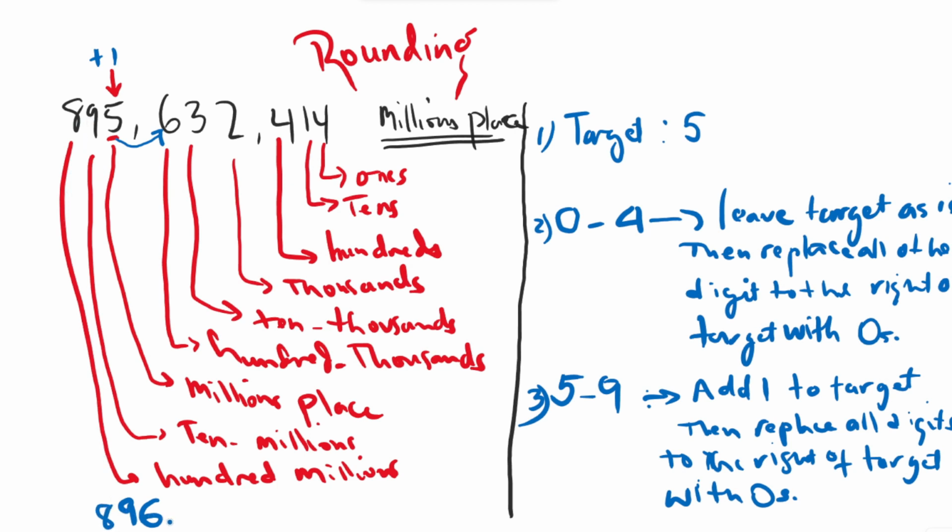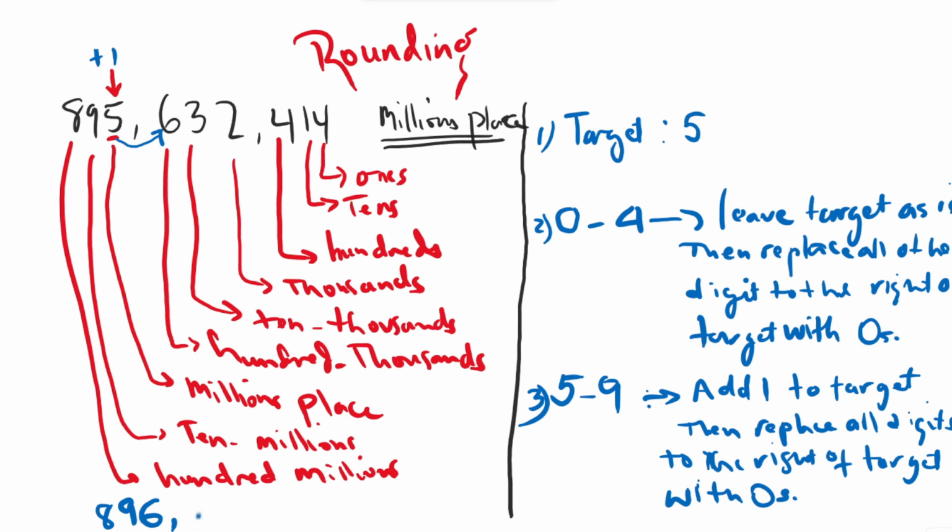Remember what it says: replace all digits to the right of target. These are the digits to the right of target. What do we replace these digits with? Zeros. How many zeros?